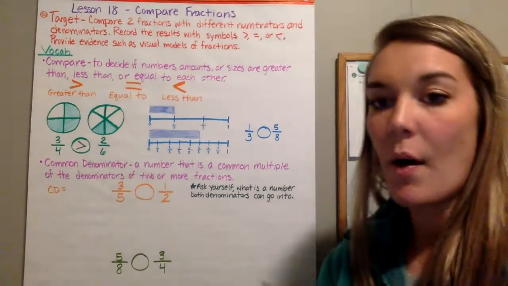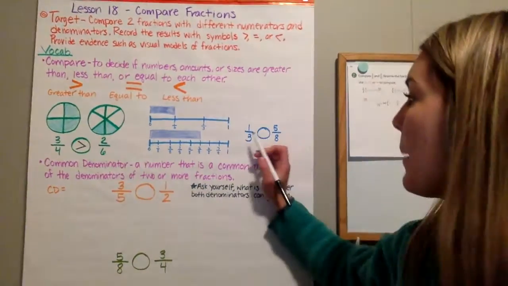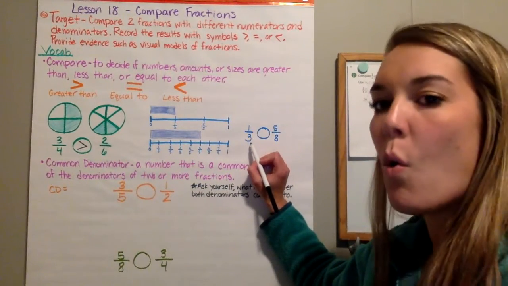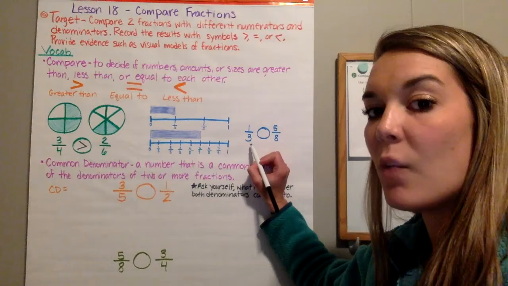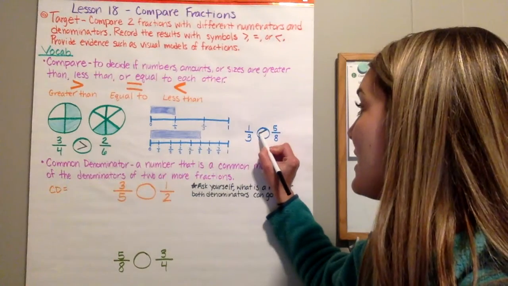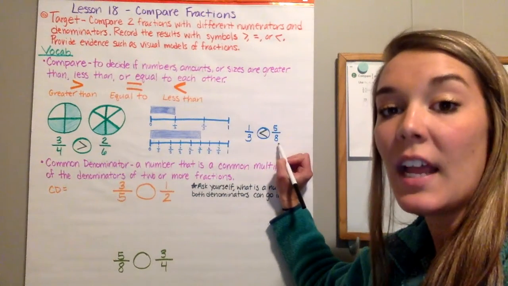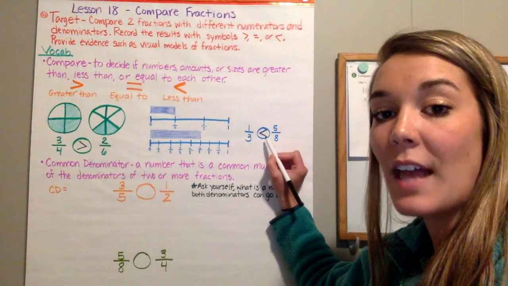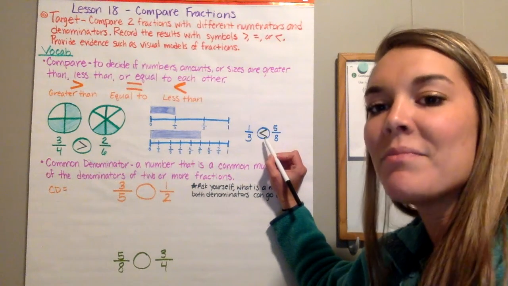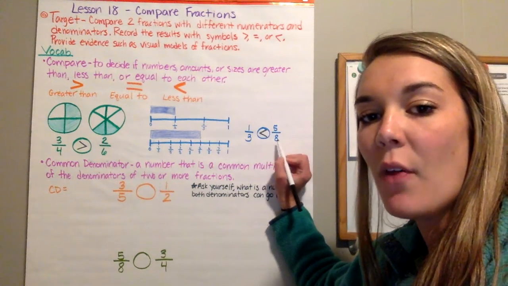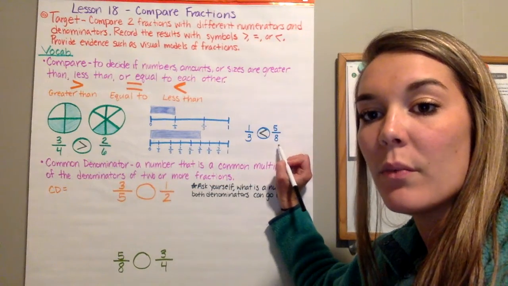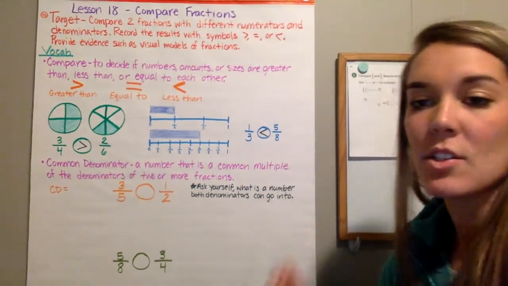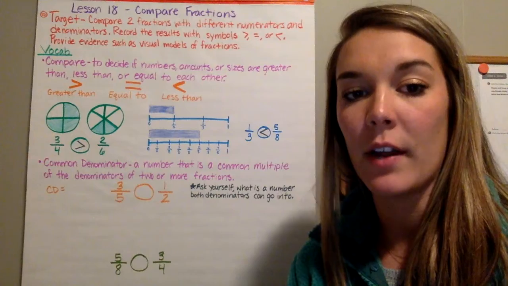So now I have to see how I'm going to put this in my comparison because it starts with 1/3. And 1/3 is less than 5/8. Okay, we're using our less than sign, and the alligator's mouth is eating the bigger value. Okay, so that's some basic stuff about comparing.